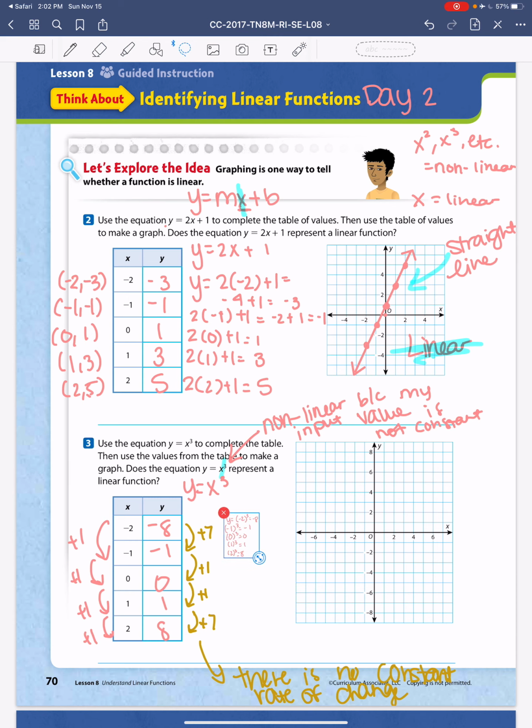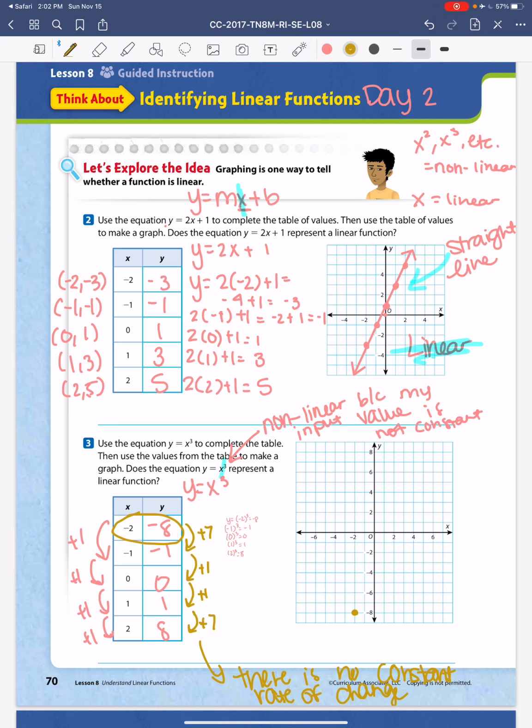And I'm going to further prove that by going ahead and graphing this to prove it to you. I'll go back up to the top to let you see what I'm talking about. So I have 2 comma negative 8. That's my first order pair. So I have negative 2 comma negative 8.